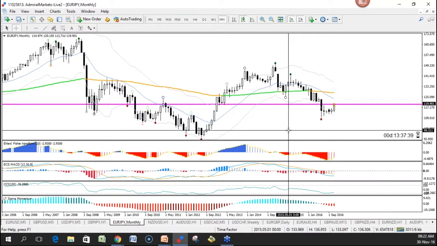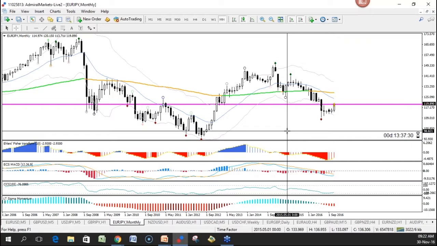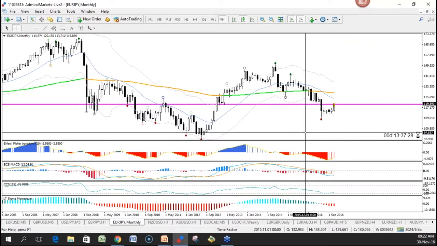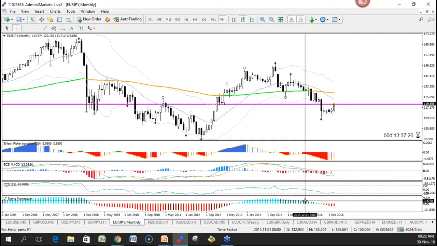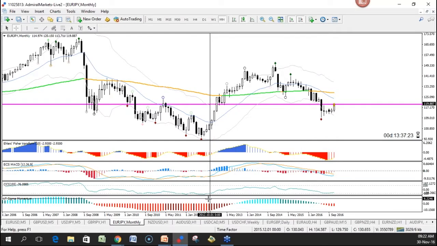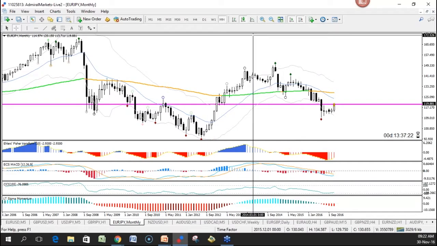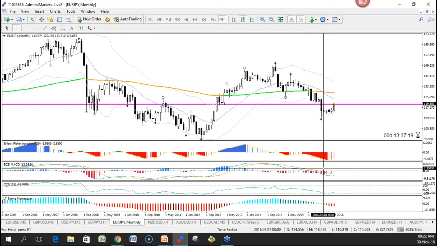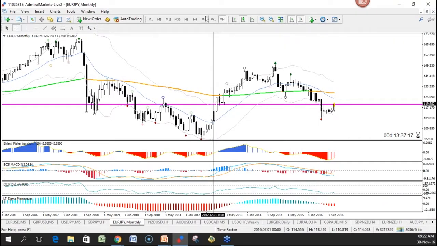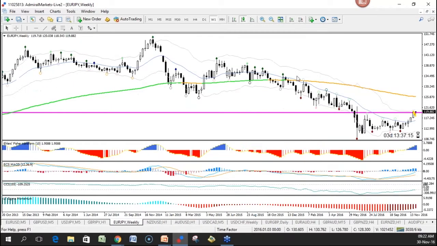Let's see. We have here on the monthly a downtrend, this is thick red here. This is still up. It takes a bit slow on the monthly for this to change, so that would have been skipped. So let's take a look if the weekly showed something a bit different.